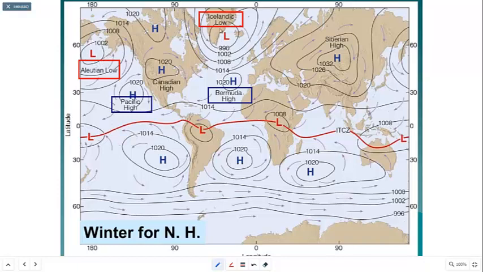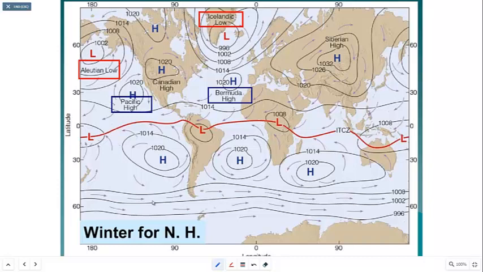The Icelandic Low is typically located up here between Greenland and Iceland. The Pacific High, obviously in the Pacific Ocean, and the Bermuda High, kind of centered around the small island of Bermuda in the Atlantic Ocean. So these are considered the semi-permanent synoptic systems.